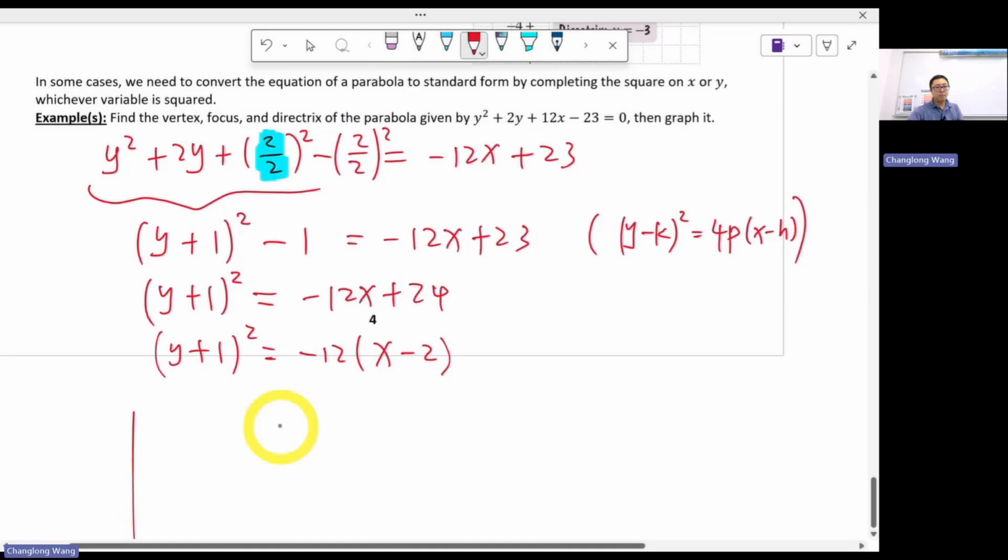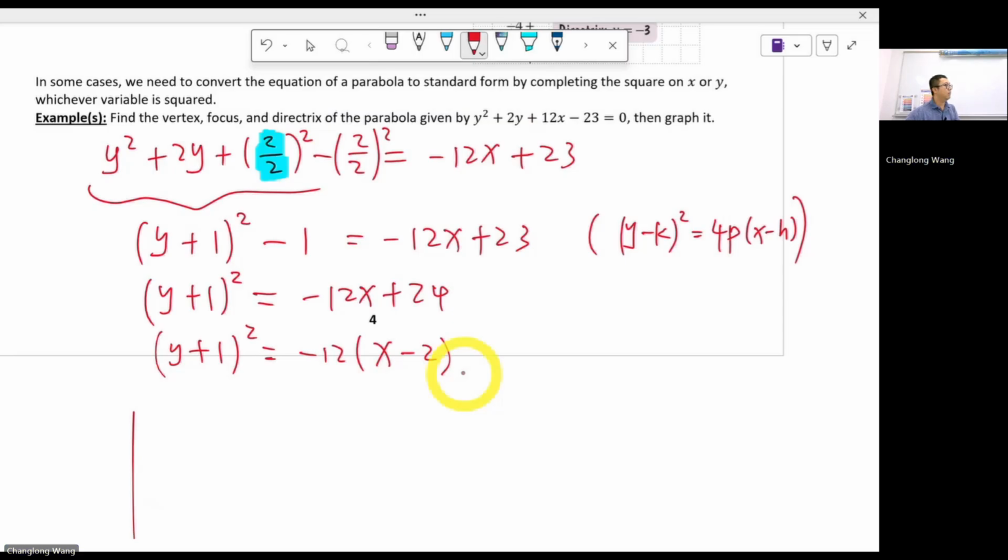But first off, is this a horizontal or a vertical opening parabola? You have the y getting squared. So if it's vertical, would you say that it should look something like x squared? So it's going to be the other one.